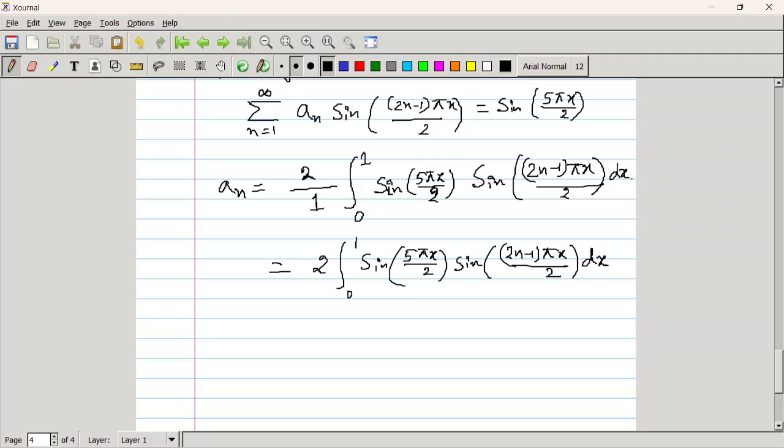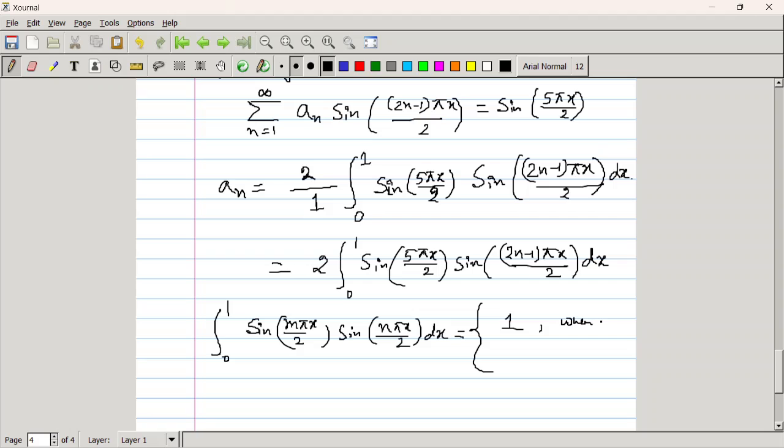Okay, so this sine function has the orthonormal property, that is, sine m pi x by 2 into sine n pi x by 2, this integral from 0 to 1 dx, is equal to 1 when m equals n.